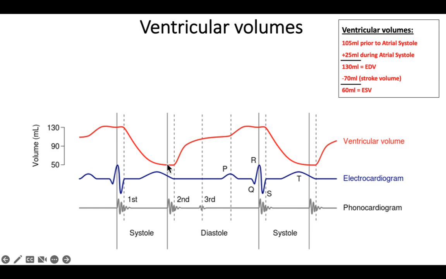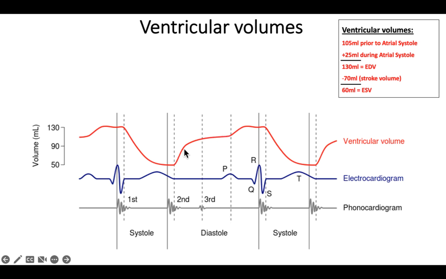All right. So again, we're just using a little math here. You're at 130, you're full. You ejected 70, you're left with 60. So now you're down here. All right. We want to get from 60 back up to 105. So this is that passive filling that occurs during relaxation. So everyone's relaxed here.